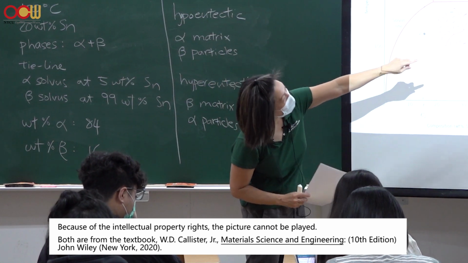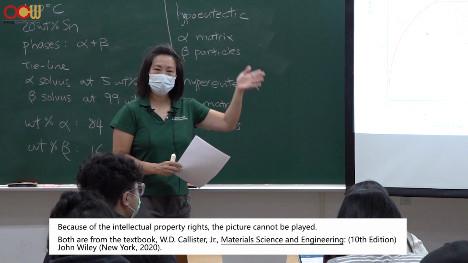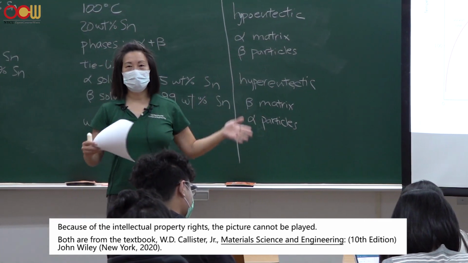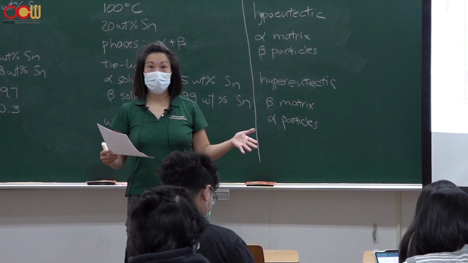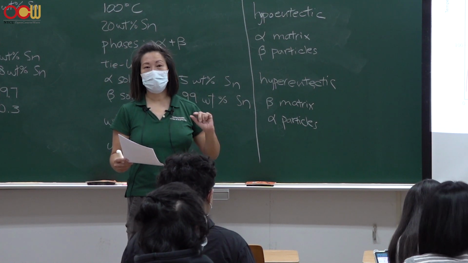So if you look at point H, I have 100% liquid. It crosses the eutectic temperature. So it goes from liquid immediately to two solids, alpha and beta. Both form at the same time. So you actually get layers of alpha and beta.